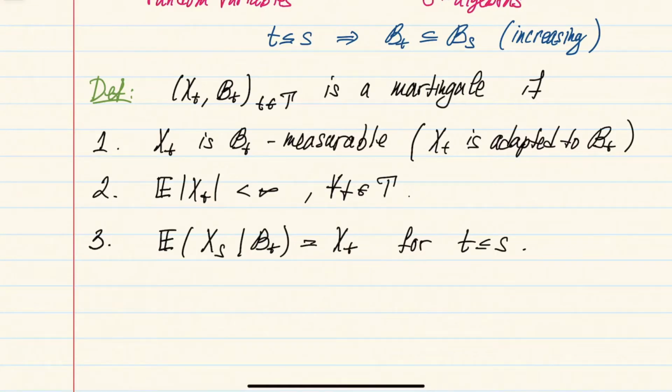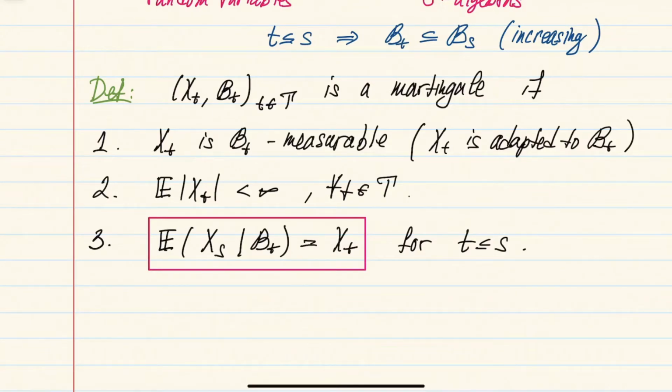This is really the key assumption, what defines a martingale. And it just means that you have this family of sigma algebras that contain some data. So typically, for example, they will be simply sigma algebras generated by the random variables xt themselves. But when you take an average of your process xs at some future time s, conditionally on the data that you have at time t, you simply get the process at time t.